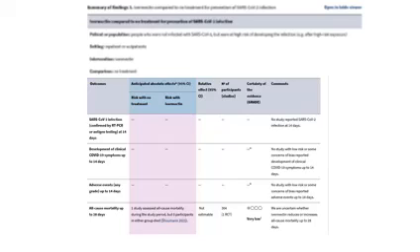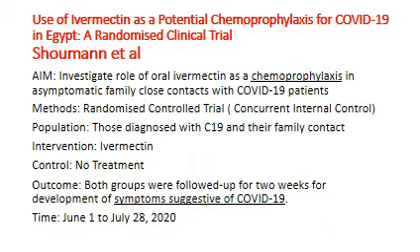And they said that all-cause mortality up to 28 days, not estimable, 1 RCT and very low quality. We are uncertain whether ivermectin reduces or increases all-cause mortality up to 28 days. So I went and looked up the study. I think it was done in Egypt.